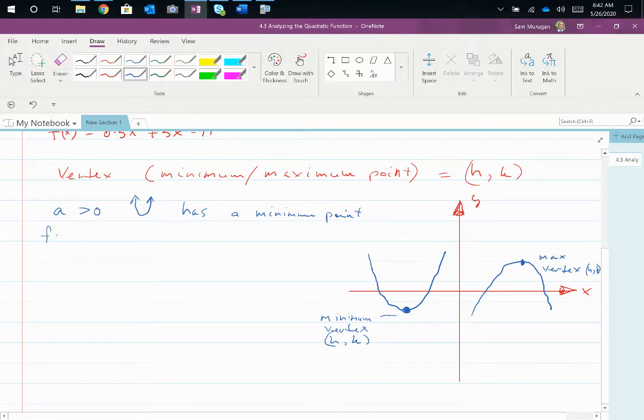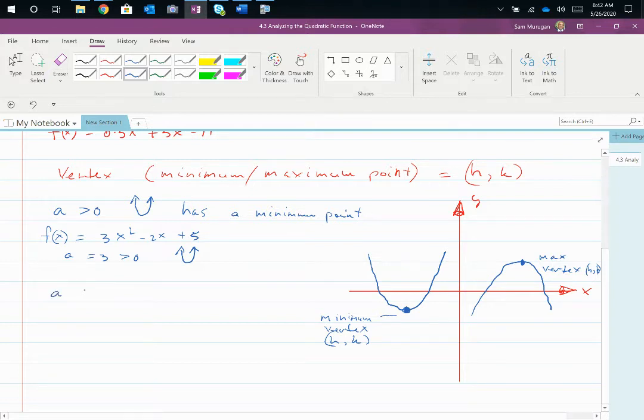Such as if we have f of x is equal to 3x squared minus 2x plus 5, the a value here is equal to 3, which is a positive number. It's greater than 0, so this graph is turned upwards and has a minimum point.